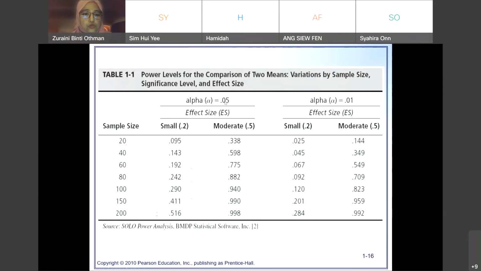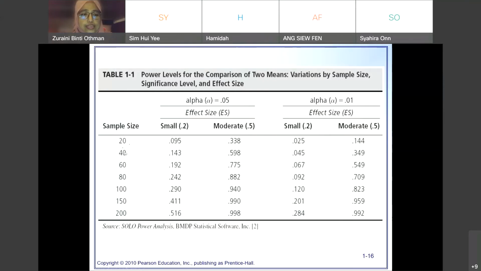If you look at this table, you can see the effect of the alpha. This is alpha 0.05, the effect of the sample size versus the alpha value, and this is the effect size, which is small and moderate. And this is for alpha 0.001, small and moderate. If we increase the sample size, beginning with 20, with alpha 0.05, we have this effect, and if our alpha is quite small, the effect size here from small is 0.25 and 1.44.